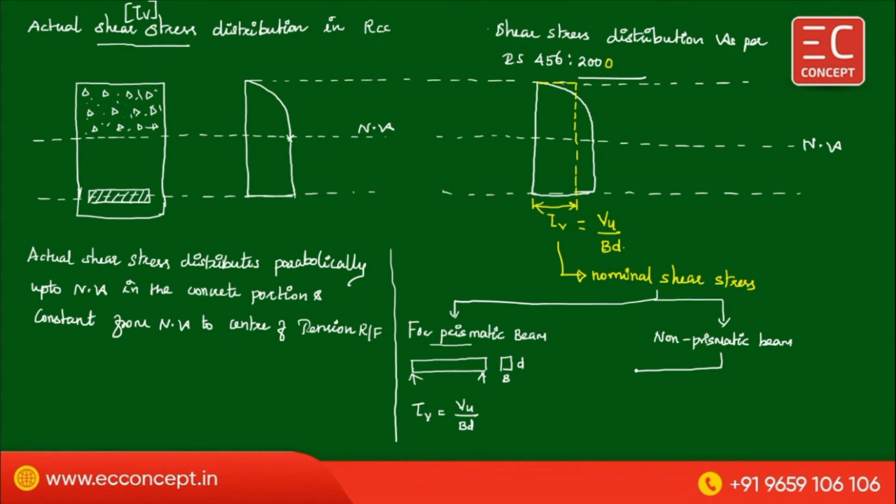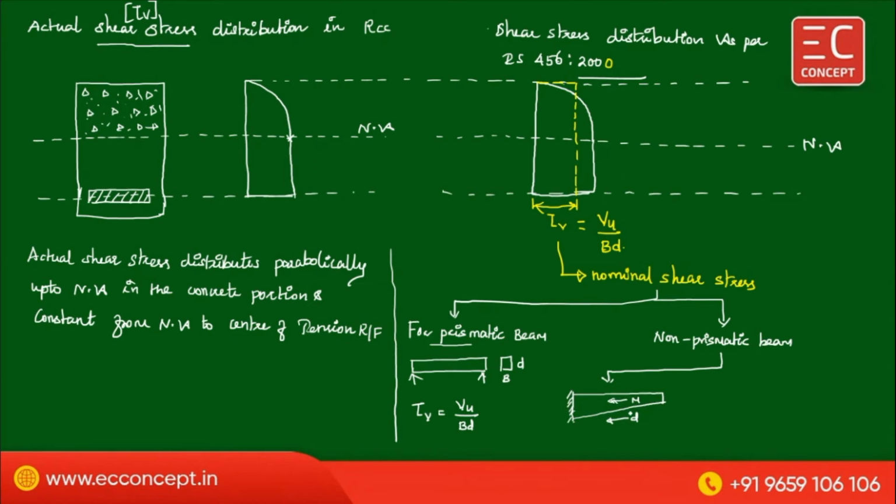But in the non-prismatic section, there are two ways to analyze. First one is the depth increases towards the bending moment increases. See, this is the beam, non-prismatic beam. In this beam, the bending moment increases leftward, and depth also increases in the moment direction.